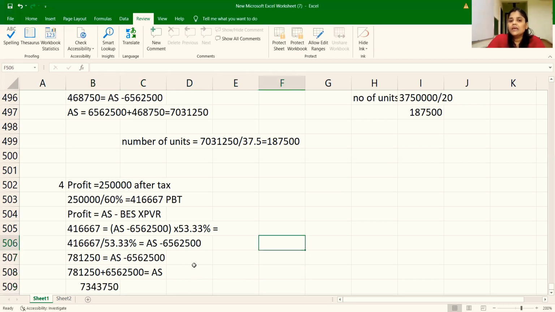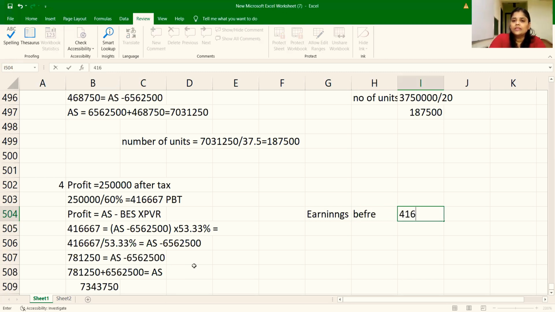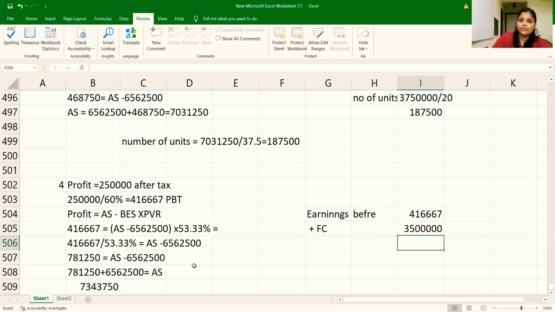You can go about it the same way also. What is the desired earnings before tax? 4,16,667 plus you need to cover the fixed cost of 35 lakhs. So 39 lakhs 16,667.